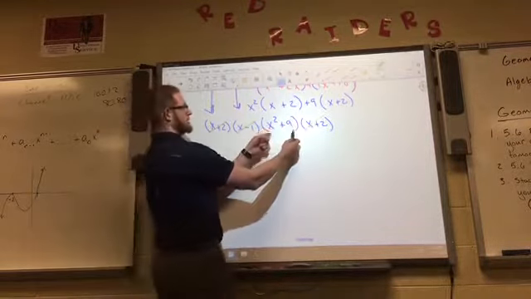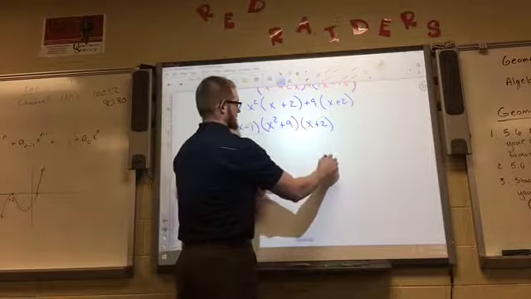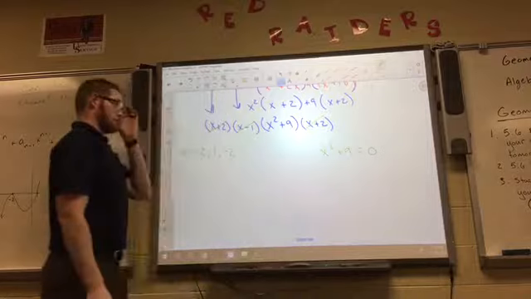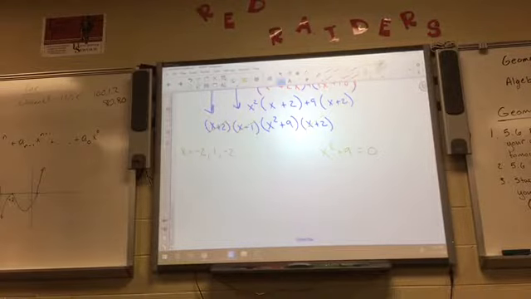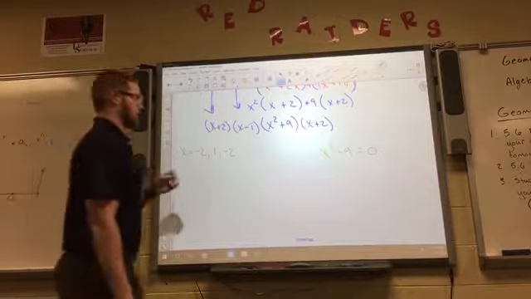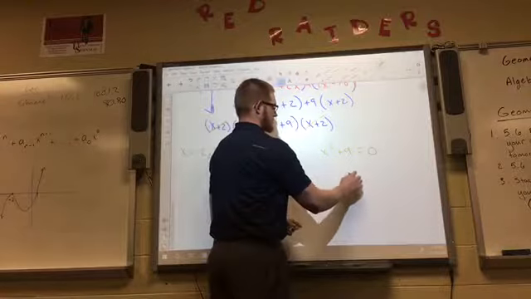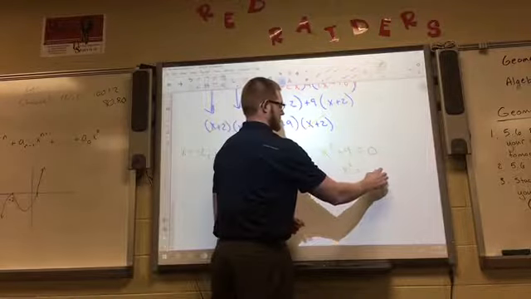It is not. So I need to take this, x squared plus 9, and set it equal to 0. And this is where people don't slow down enough and make that small mistake. It's 9 over. Solve for x. I move 9 over. So I have x squared equals negative 9.